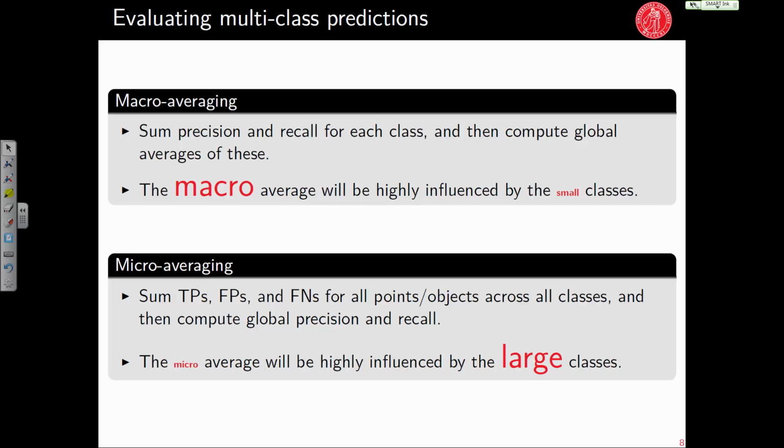In micro-averaging, the opposite problem will arise, which is that larger classes will have higher influence this time, because they will have more instances being true positives, false positives, etc. So the larger classes are actually contributing more to the final precision and recall. An in-between solution is basically to report both of them.